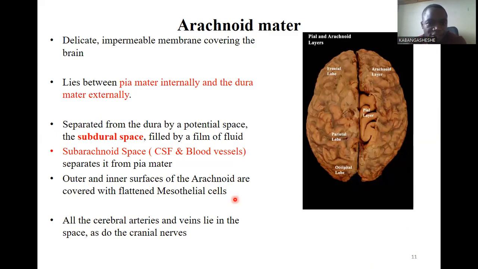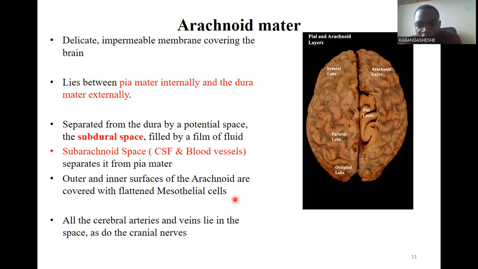So arachnoid mater, we're saying this is delicate and impermeable. In terms of thickness, it's quite thinner than the dura mater, but thicker than the pia mater. Cardinal is that between the arachnoid mater and the dura mater is the subdural space. I explained that earlier on.